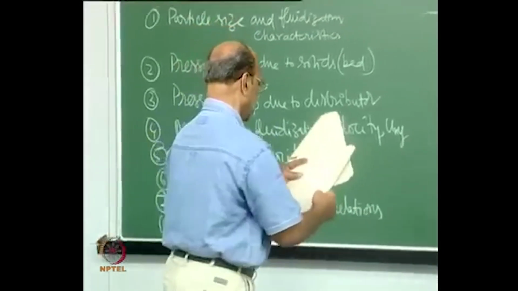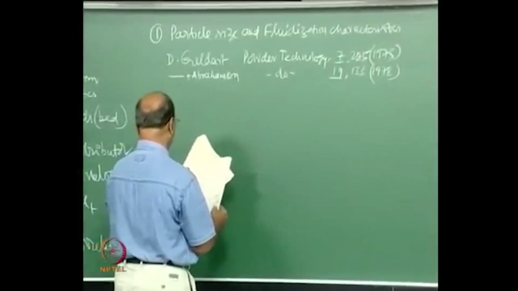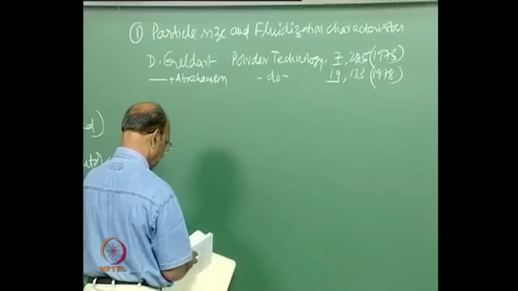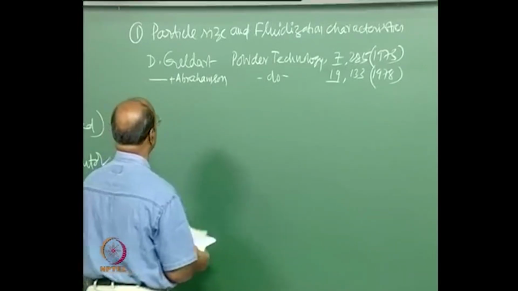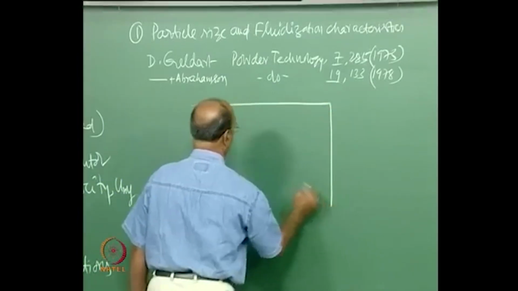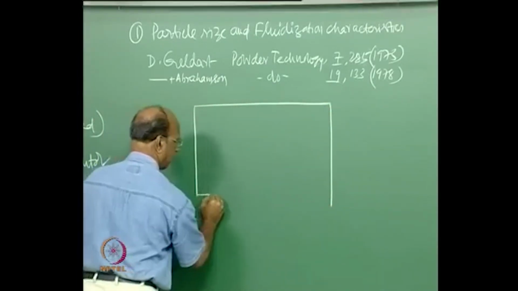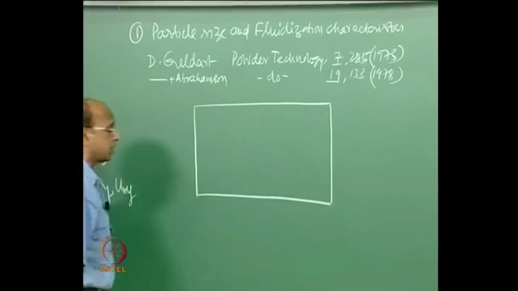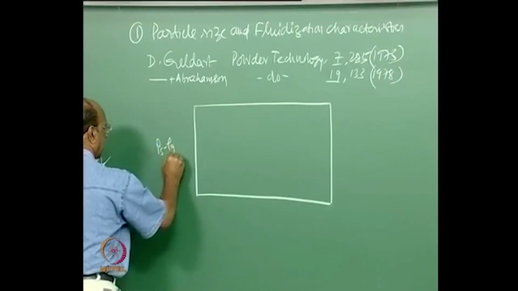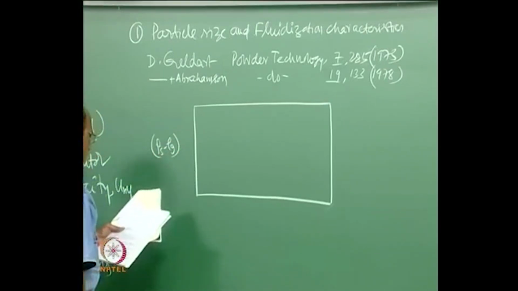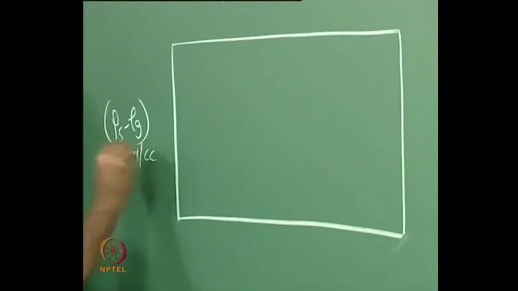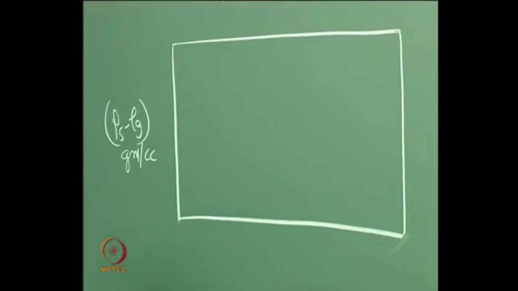Okay? Yeah. So, what they did was, everything they have put in the form of a graph. If you draw the graph, you will get some experience about this. And you will also know how to draw the straight lines. This is rho s minus rho g, normally expressed as grams per cc. Okay, one can also express in kgs.